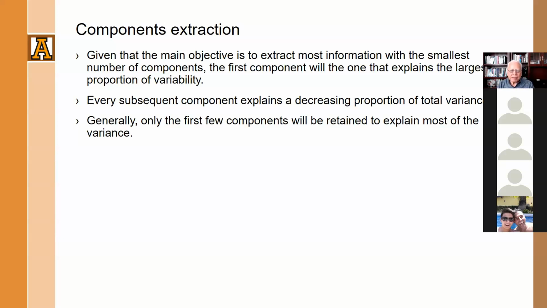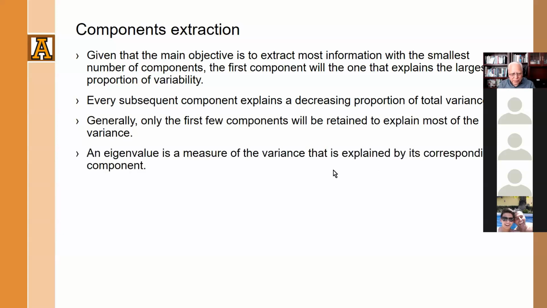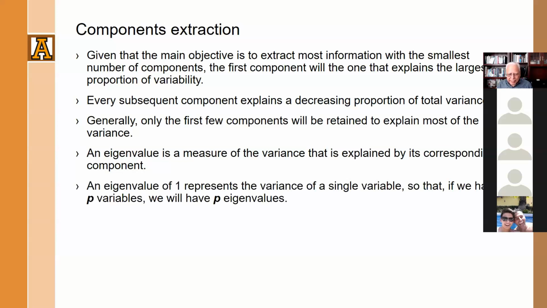Again, the scree plot is a very useful device, but sometimes an expert in the area sets a minimum percentage of variance that needs to be explained, and then we will have to go with that rule. The eigenvalue, we saw, is a variance, a measure of the variance that is explained by its corresponding component. An eigenvalue of 1 represents the variance of a single variable. So if we have p variables, we have p eigenvalues, and we will have p eigenvectors.